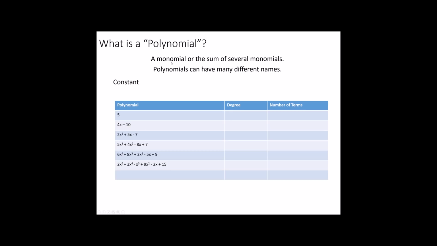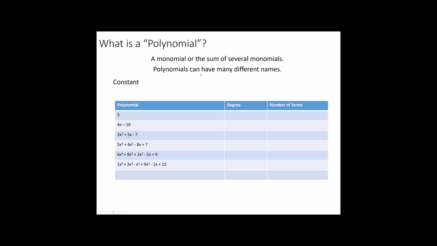Within that pattern or that term or that unit, there's nothing but multiplication, which allows us to apply a lot of properties we couldn't do otherwise. But when we begin to stick in addition signs or subtraction signs, and actually to some degree division signs, we lose the ability to do some of the things we can do with a monomial. So a polynomial is either just that monomial or it's several of them strung together by addition.